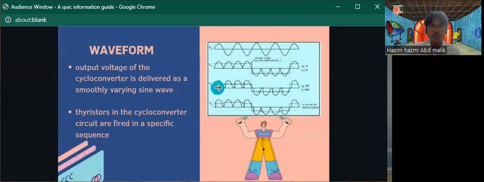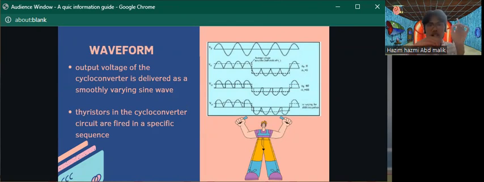Next, the waveform of the single phase to single phase cycloconverter. The output voltage of the cycloconverter is delivered as a smoothly varying sine wave, where the amplitude and frequency of the sine wave can be controlled by the triggering circuit.